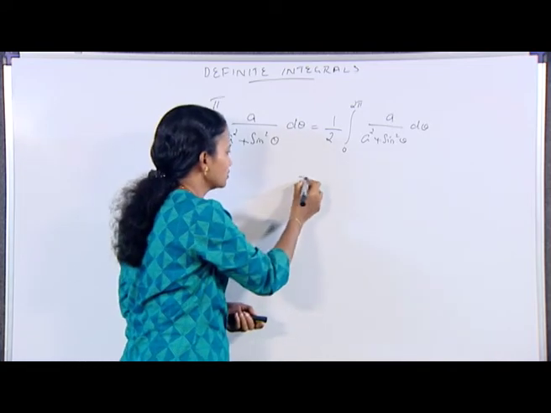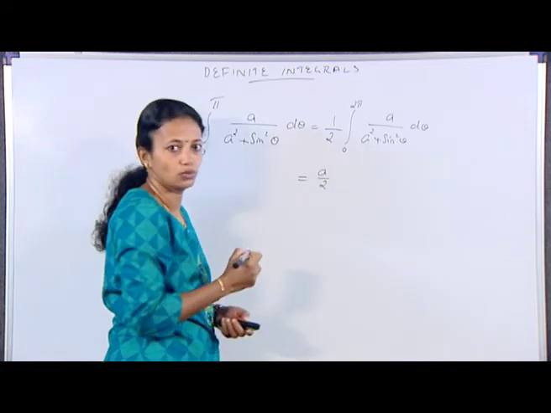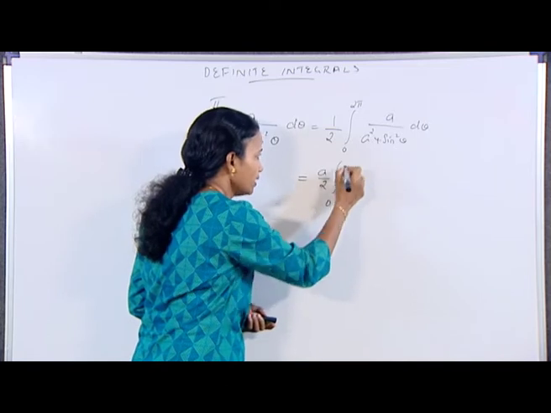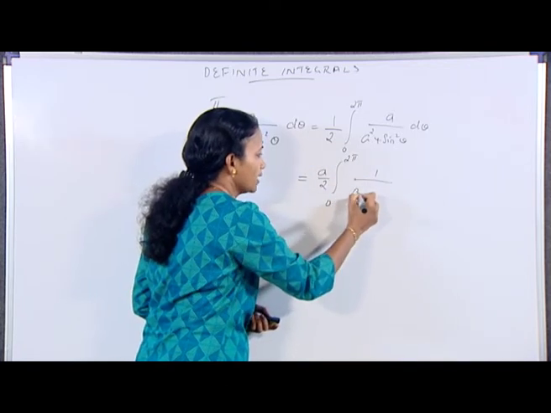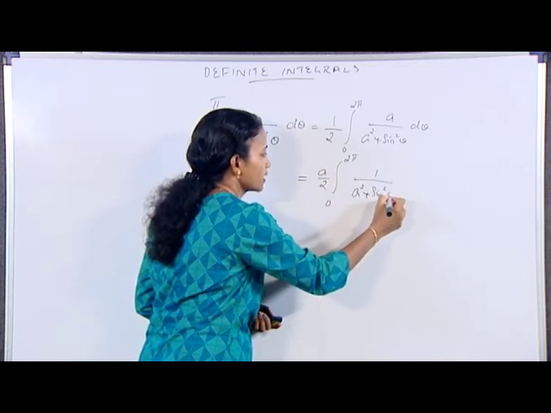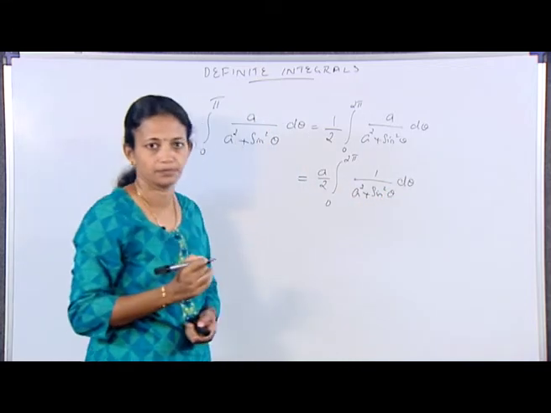This is equal to a by 2 integral 0 to 2 pi 1 by (a square plus sin square theta) d theta.